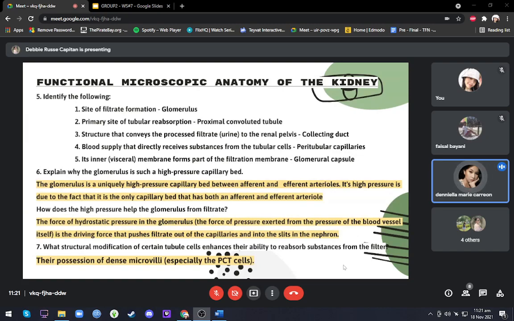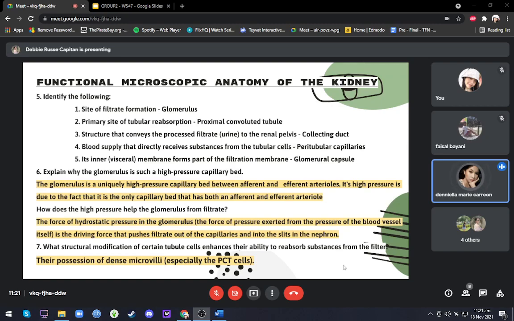Number 6. Explain why the glomerulus is such a high-pressure capillary bed. The glomerulus is a uniquely high-pressure capillary bed between afferent and efferent arterioles. Its high pressure is due to the fact that it is the only capillary bed that has both an afferent and efferent arteriole.